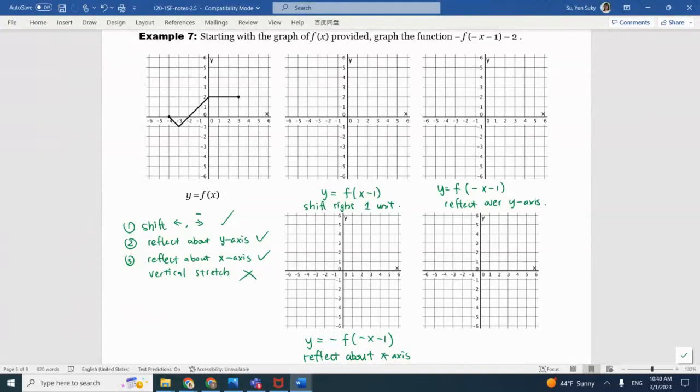No vertical stretch. How about the last one? Shift up or down. And yes, down by 2. So we get negative f of negative x minus 1, down 2. So shift down 2 units.